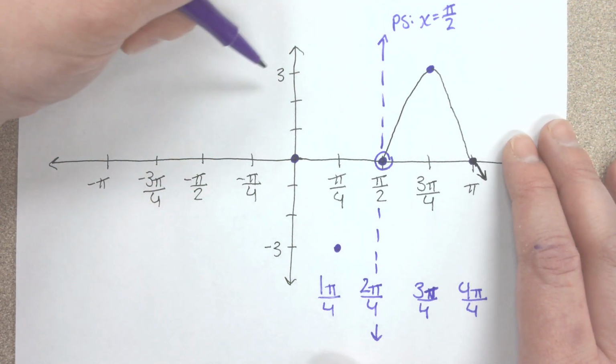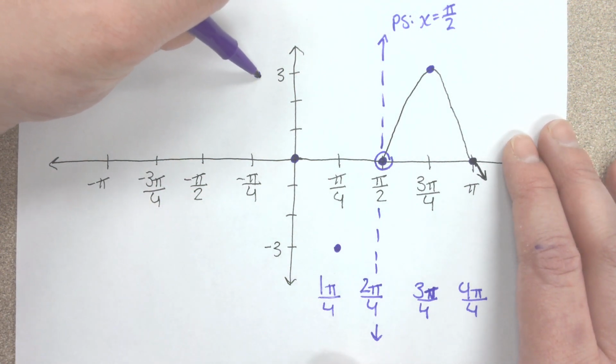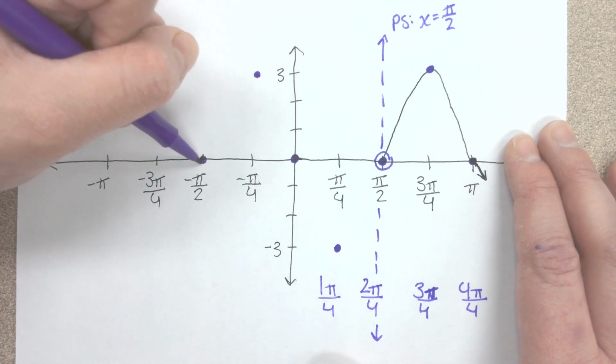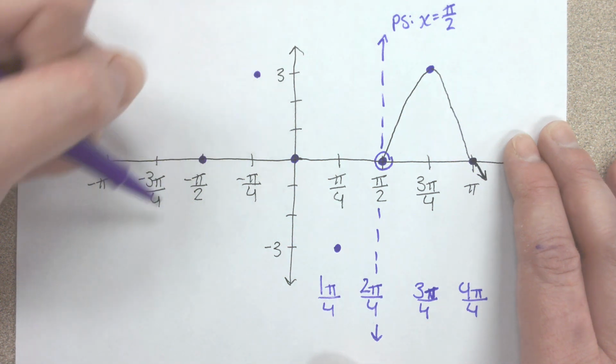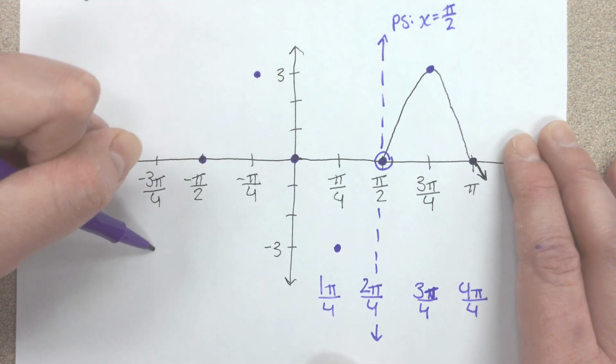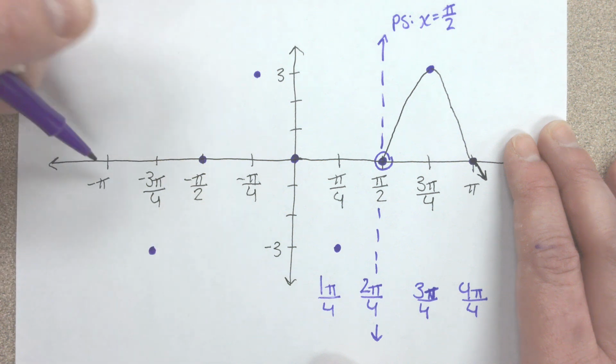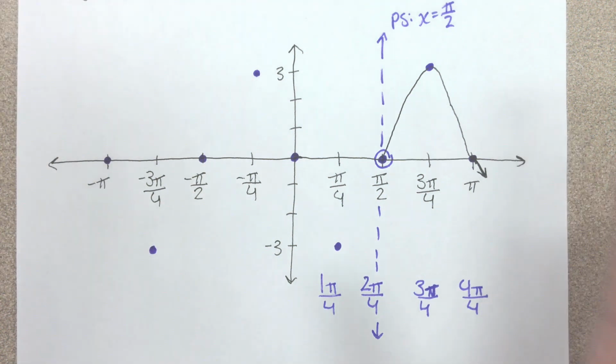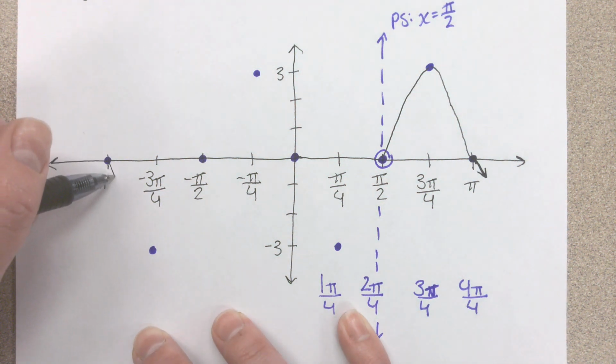Midline back up to the maximum for the next interval. Back down to the midline for the next interval. Back down to the minimum. And for our last one, we're back up at the midline. And then we draw our curve.